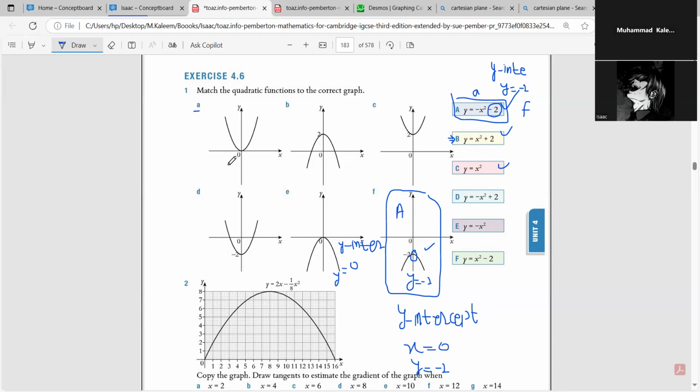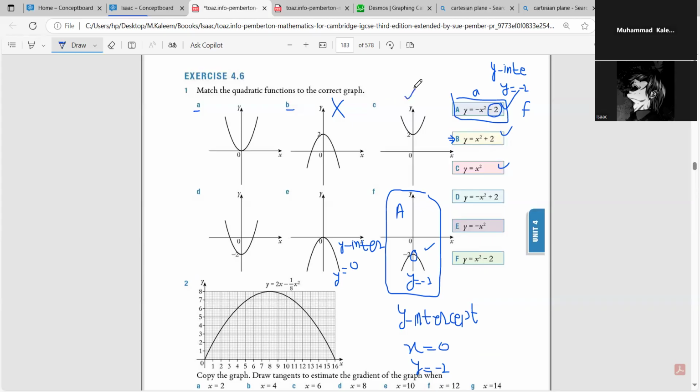Yes. Is graph B possible for B? No, it's not possible, because it's downward, and its leading coefficient A is positive. This is not possible.